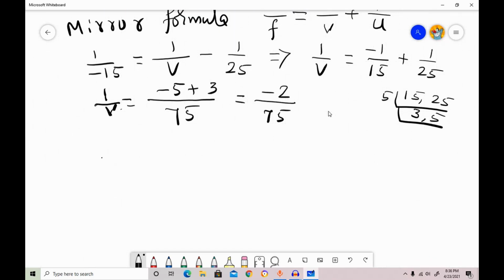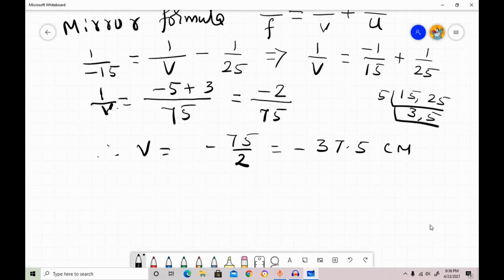Now what is v? Therefore v becomes minus 75 divided by 2, that is minus 37.5 centimeter.